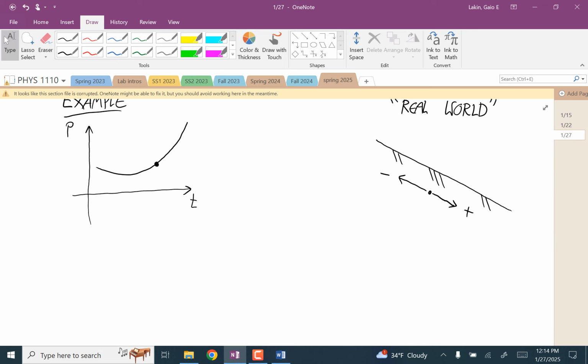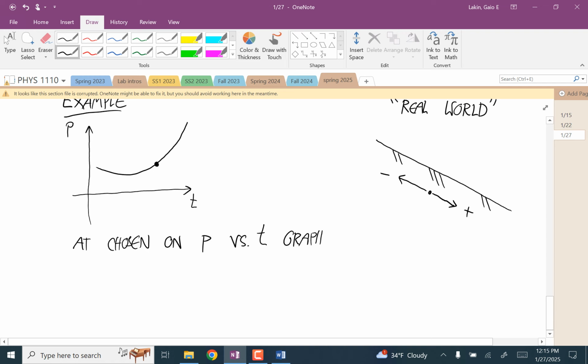Okay, so at this chosen instant on the position versus time graph, which direction is the object moving in the real world?